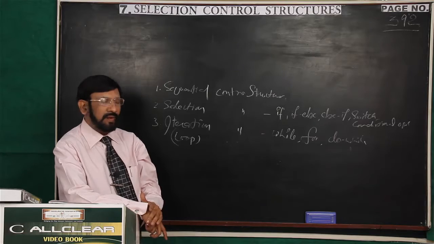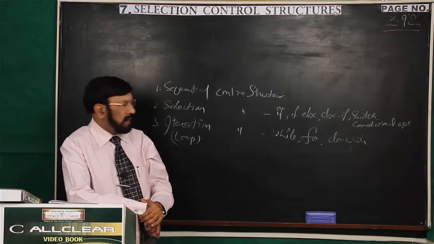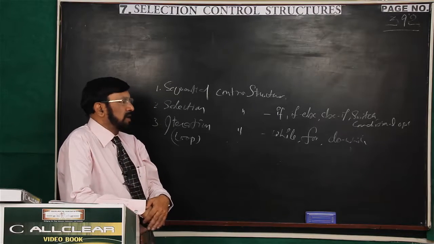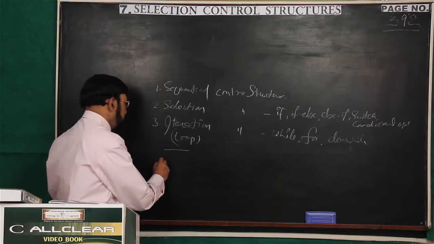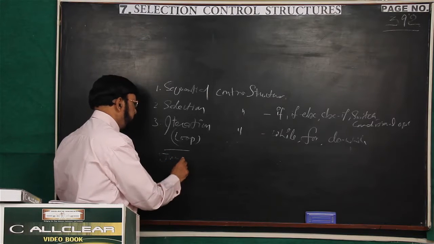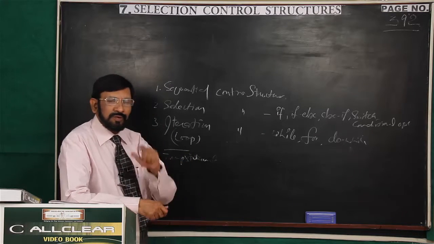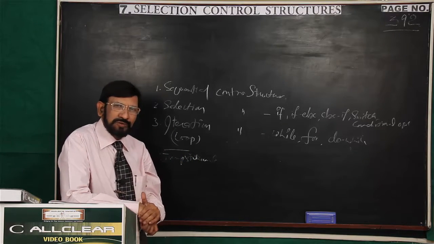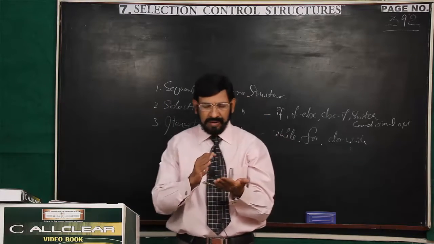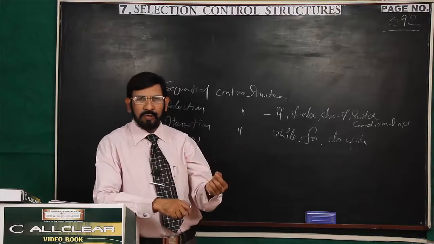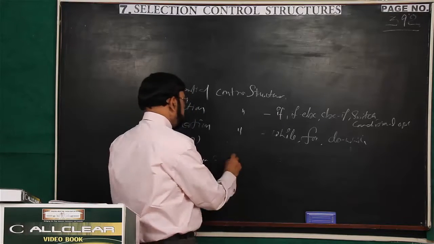In this way they change the flow of control, and that's why these are also called control flow statements. In this context, we have to discuss another type of statement, jump statements. Jump statements are also known as transfer of control statements. In particular situations, you have to transfer the control from one place to another place. For that, certain statements are provided.